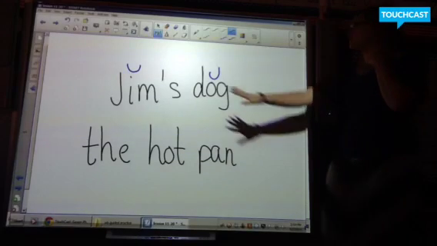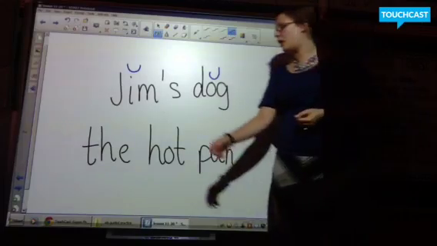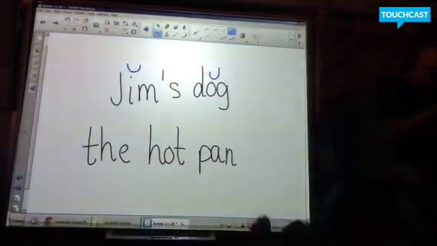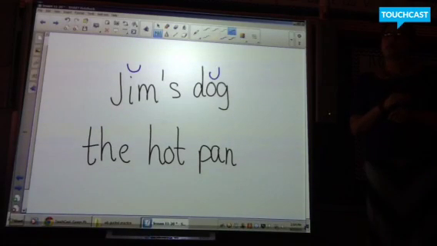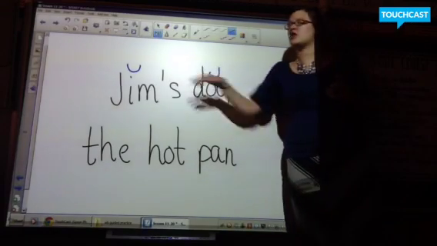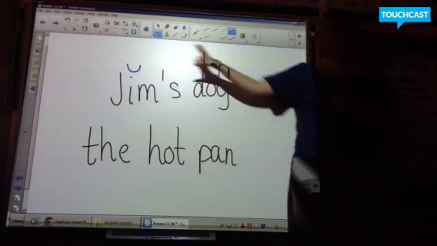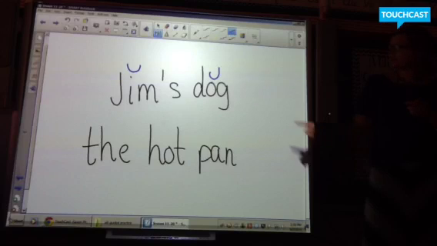Good. So what does this say, Maya? Jim's dog. Who does the dog belong to? Jim. Good. Today on your worksheet, there will be an apostrophe. You don't have to do anything extra to code it. Just know that it shows ownership. It means that something belongs to someone else. Okay? Let's code the next phrase.